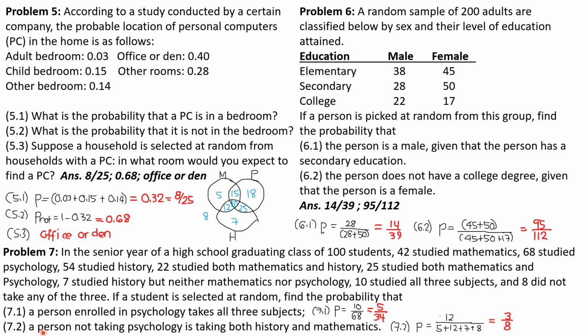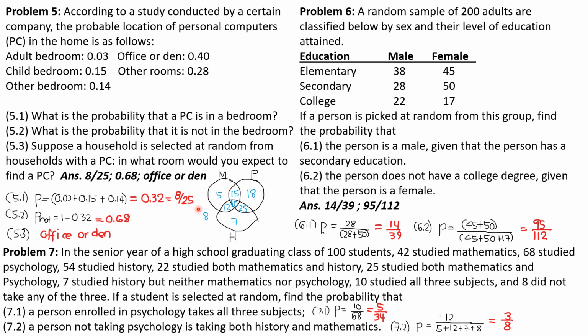Then for 7.2, a person not taking psychology is taking both history and mathematics. History and mathematics. So it's 12, and the total population here includes this, because this 8 here do not take all the 3 subjects, including mathematics and history.